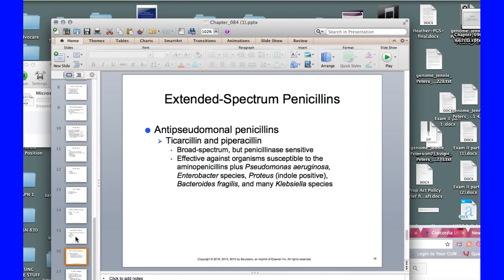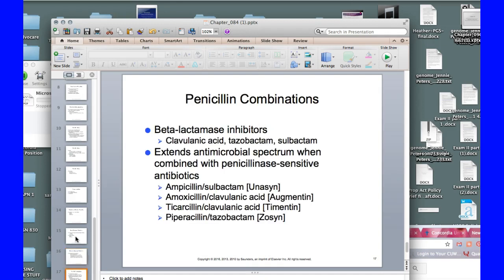And again, the YouTube video is going to show you a lot about that, so I think you'll really understand it. Now we have some beta-lactamase inhibitors, which I know I've already touched on: clavulanic acid, sulbactam, and tazobactam. If you look at your Augmentin, it's going to be penicillin and clavulanic acid in there.